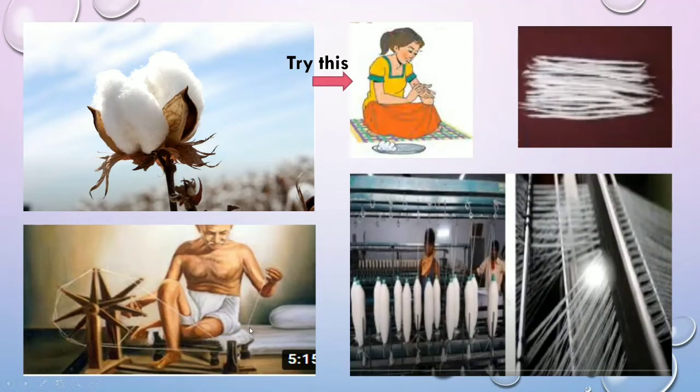For this purpose, he began to use a charkha or a spinning wheel to make thread. Charkha mandals were then established nationwide, which gave the message of using only Swadeshi goods, that is, Indian goods.